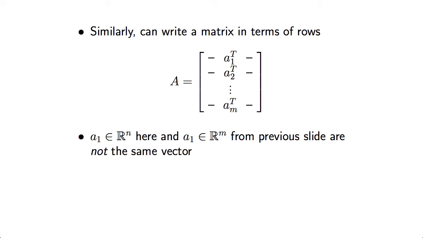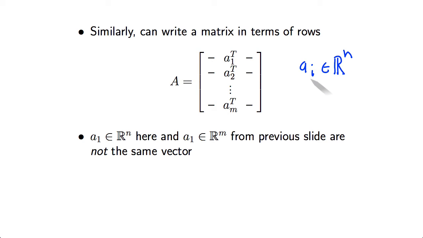Finally, let's also write out the matrix A by rows. So here we write out the different rows of A, A1 transpose, A2 transpose, all the way to Am transpose, where here each Ai is going to be a vector in Rn. And it's important we're writing the rows as transposes here, because by default, a vector is a column vector.